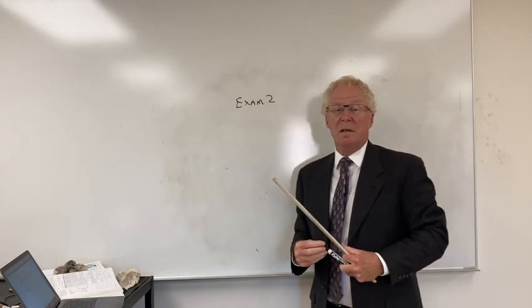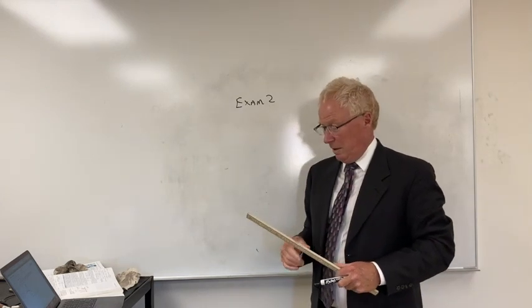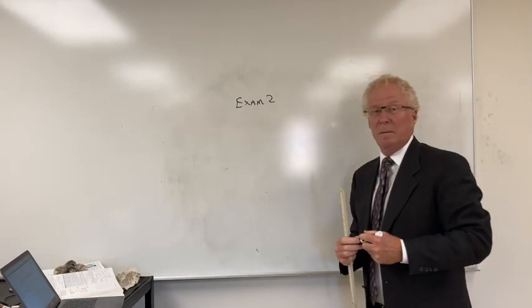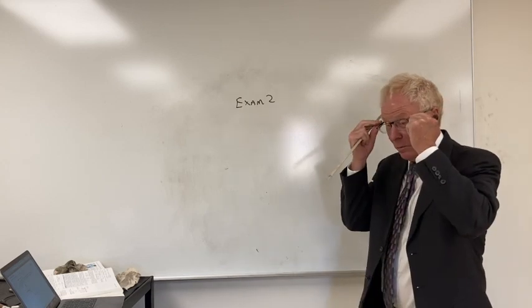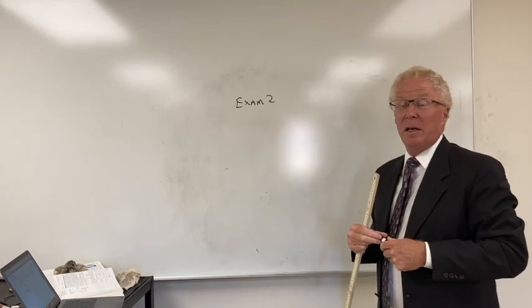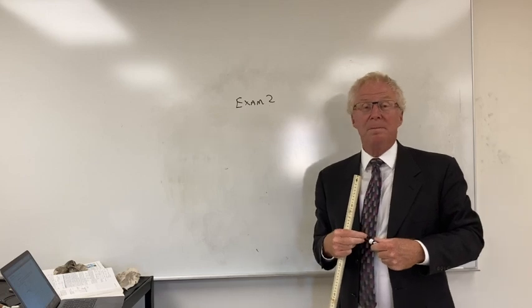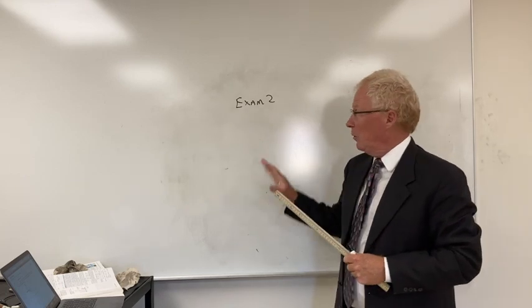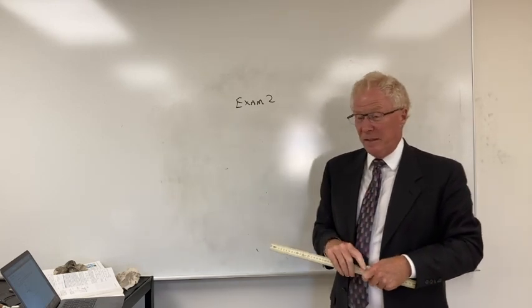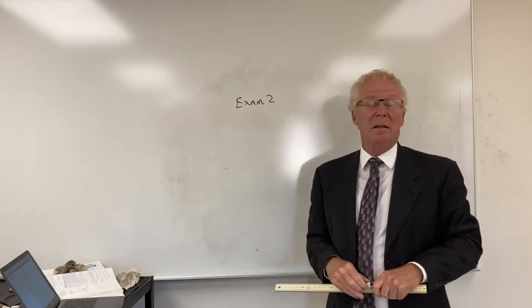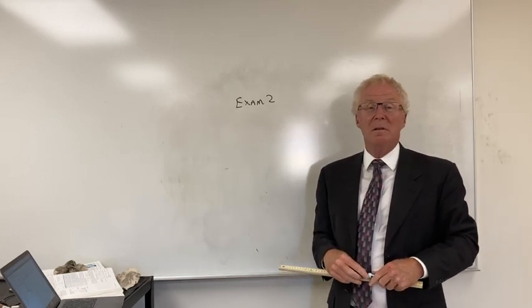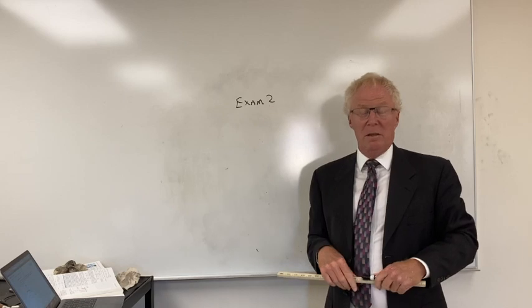Going to discuss exam 2 as far as the answers for the 7 problems and the scoring. What I did, I'll go through it, but basically if you had the correct answer, I gave you full credit, including the units.